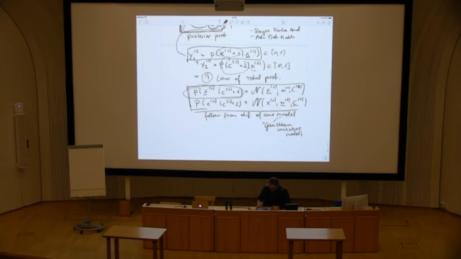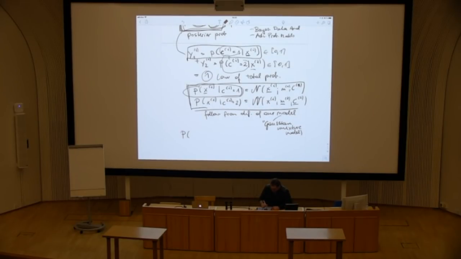Bayes rule, exactly. Bayes rule tells us that the probability that the cluster assignment is 1, given the observed data point xi, is the conditional probability the other way around, xi given ci equal 1, times the prior probability that ci is 1, divided by the sum of all these terms for i equal 1 to 2.